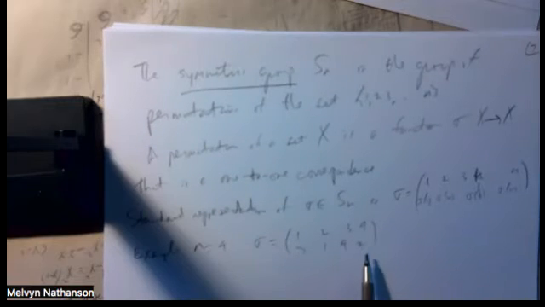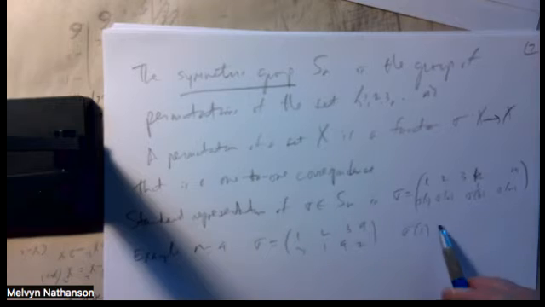So for example, if n is 4, suppose sigma is the permutation given in standard representation like this. So what does this mean? This means that sigma of 1 is equal to 3.